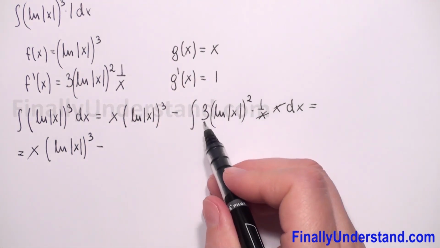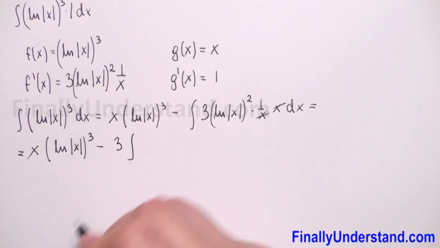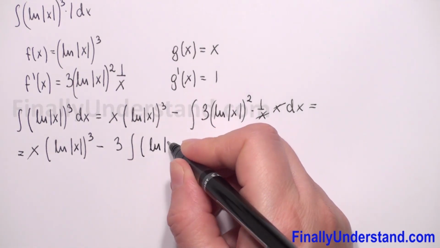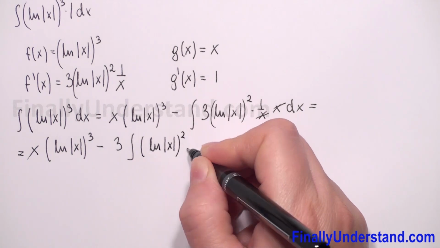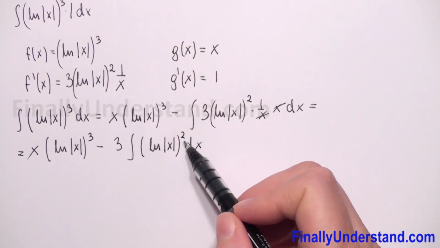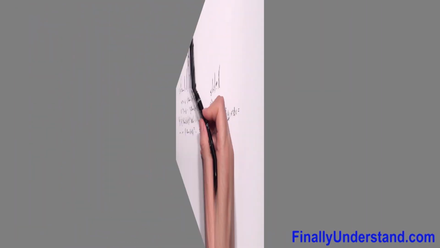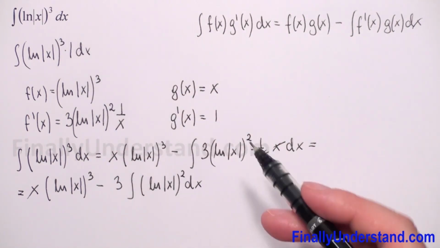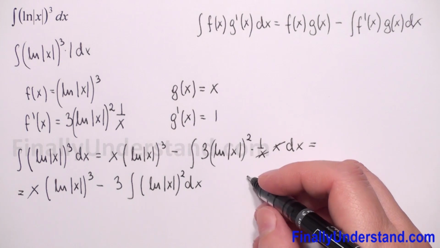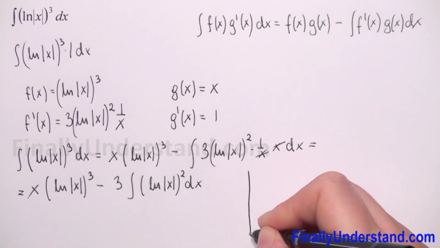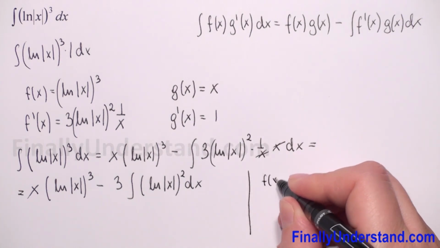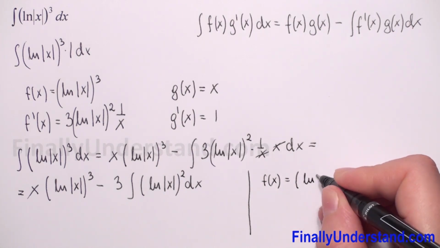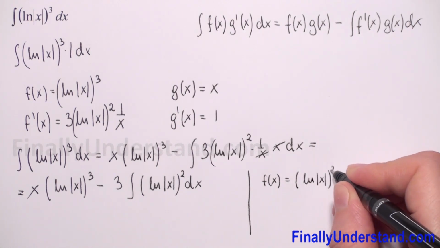minus, we can take 3 before the integral, and we have the square of the natural logarithm of the absolute value of x with respect to x. We see that our exponent at the beginning was 3 and now is 2. So we can use the integration by parts formula one more time. Again, I will put f of x is equal to the square of the natural logarithm of the absolute value of x.